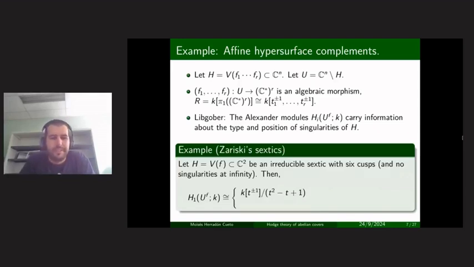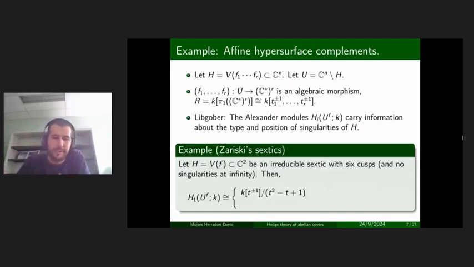So if you have a curve of degree 6 with 6 cusps and transversal at infinity, then the complement is not always homeomorphic across all the possible curves of this kind.